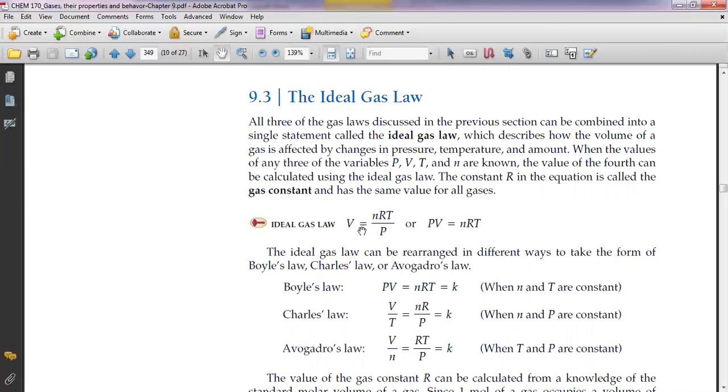When you remove the proportionality sign, there will be a constant on the right hand side, which is called the gas law constant. So the equation is PV = nRT, and this is all about the ideal gas equation.